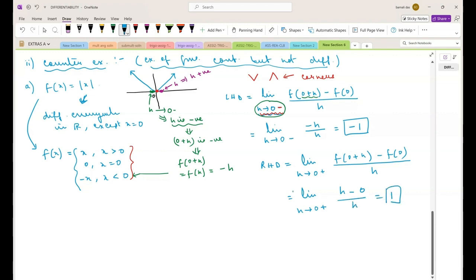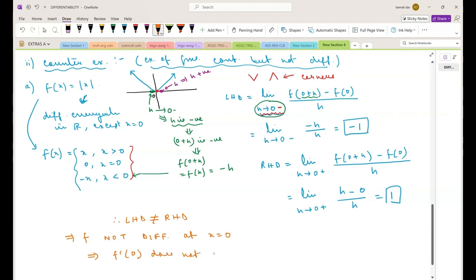So what do we see here? Therefore, left hand derivative is not equal to right hand derivative. So that implies f is not differentiable at x equal to 0. That means for this function, f dash 0 does not exist.